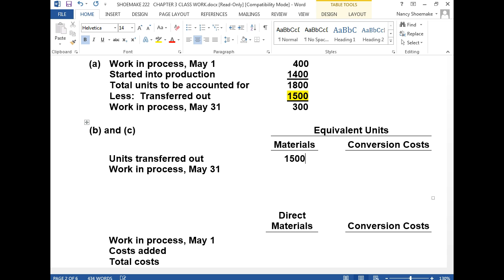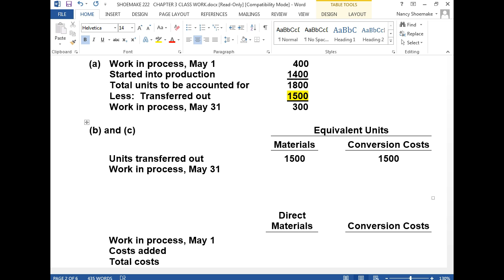Okay, 1,500 units. And what were the conversion costs? 100%, 1,500.